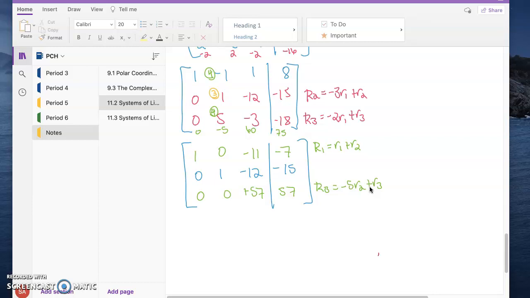I'm working along the diagonal, so my next goal is going to be to get a 1 there. And that's super easy to do. All I need to do is multiply row 3. It's going to be 1 over 57 times the old row 3. And I'm out of time.